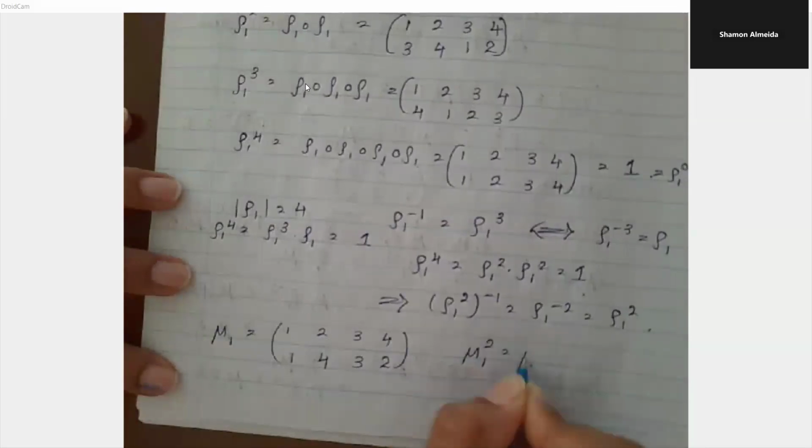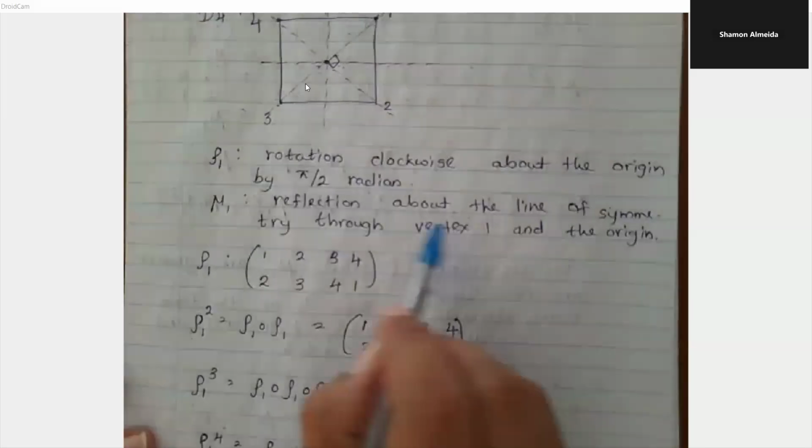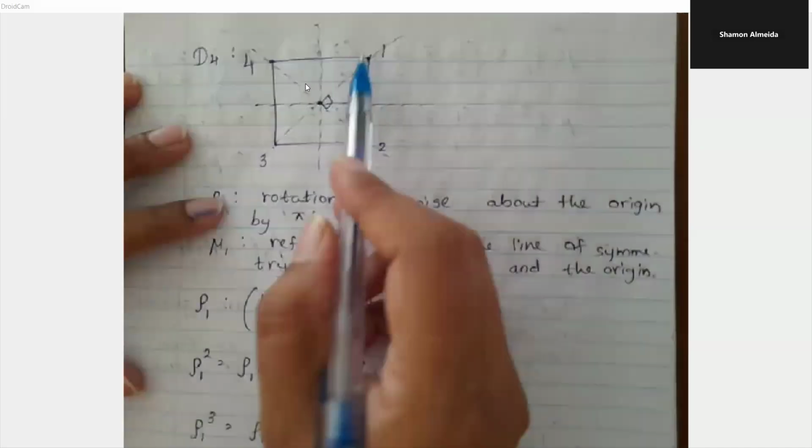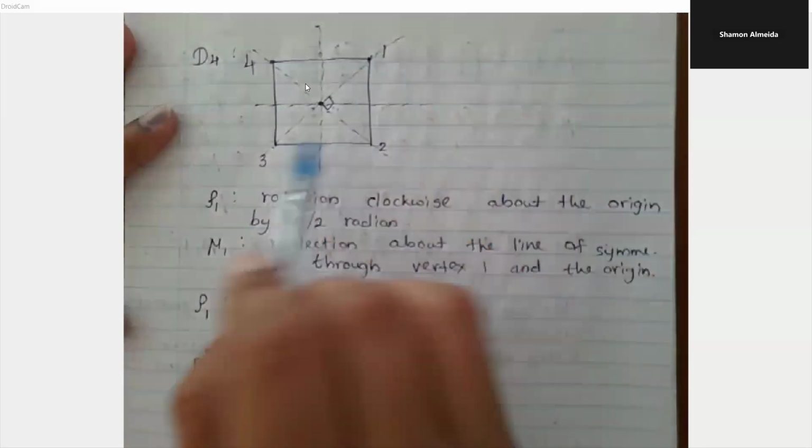Now let's calculate mu1 squared. This will be mu1 composite mu1. What does it mean? We have to apply mu1, the reflection about this line of symmetry through the vertex, twice. That means first we start with this original picture where the vertices are at their respective places: 1 here, 2 here, 3 here, 4 here.